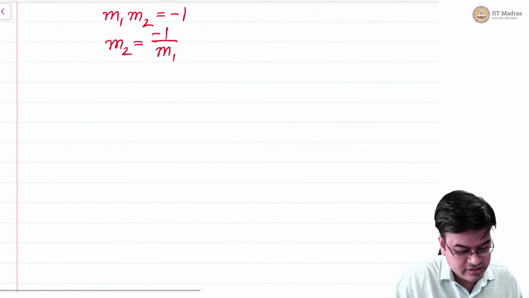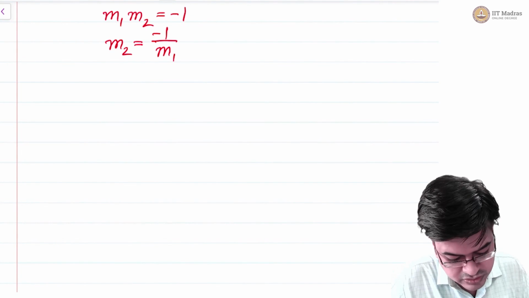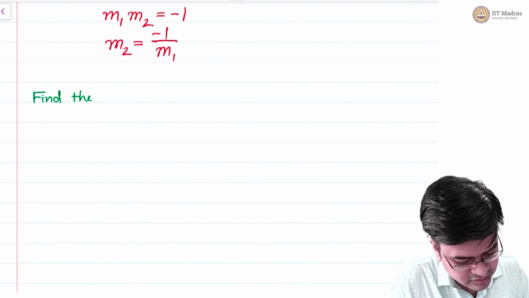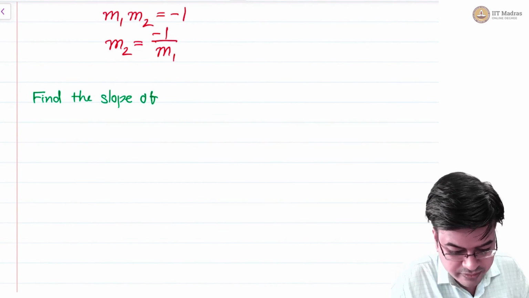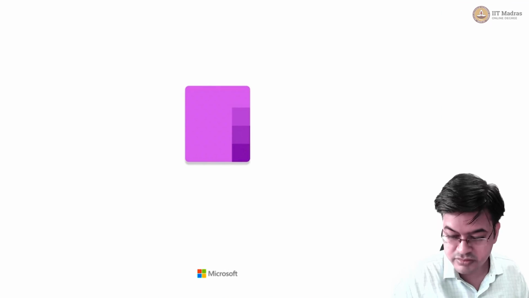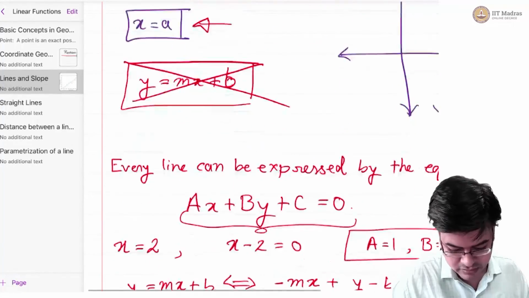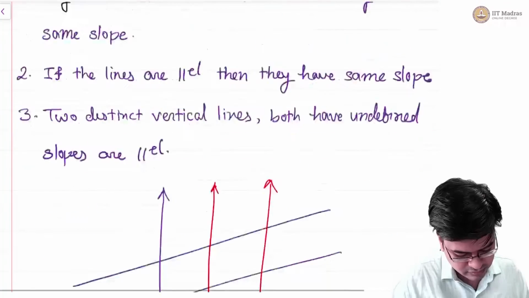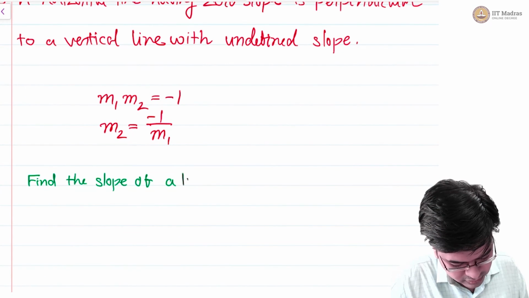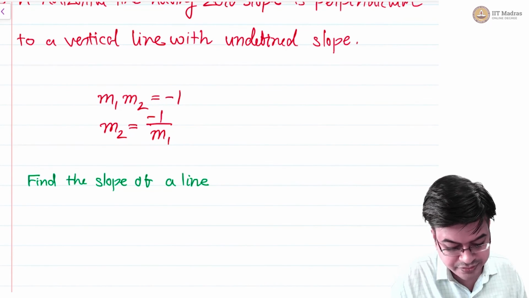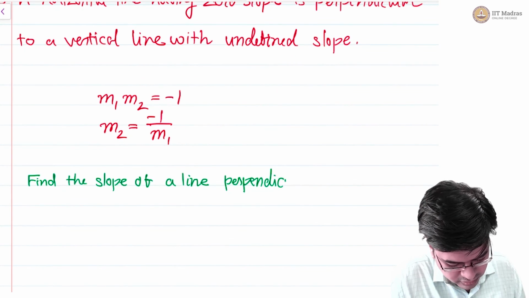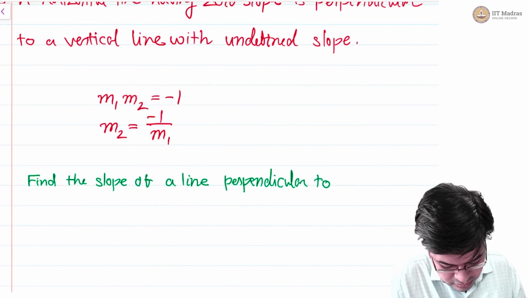So let me demonstrate this using an example. Let me take one example: find the slope of a line perpendicular to the line.